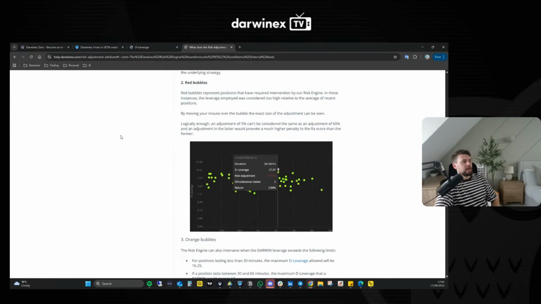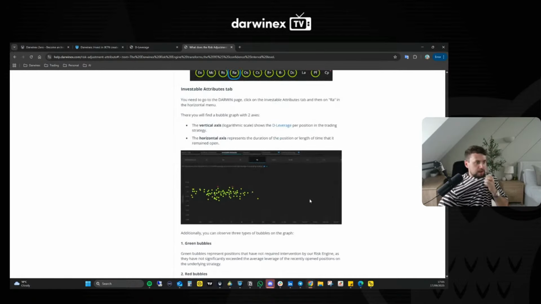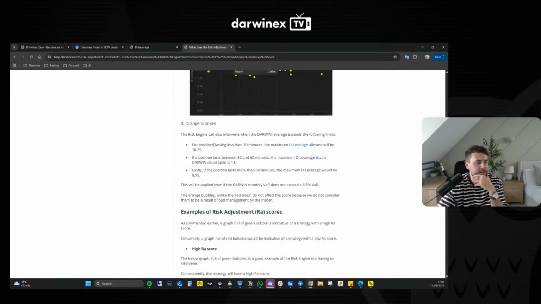If you search on the Darwinex knowledge base for the risk adjustment attribute, which is exactly what we're looking at now, and you scroll down, it tells you the deleverage that it looks for. If the deleverage exceeds X, which here is 16.25, 13, or 9.75, based on how long you're in the trade, the risk engine can get involved and can close a certain percentage of that trade. So let's say you've been in a trade for longer than an hour and the maximum deleverage is 9.75, and your trade goes to 10.